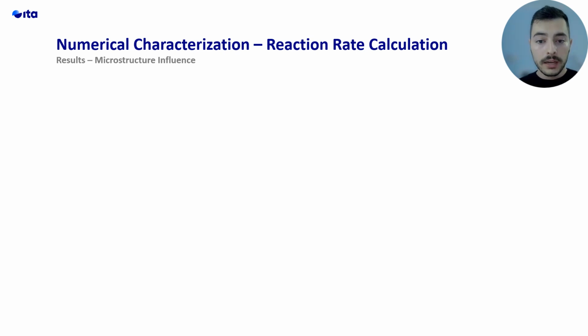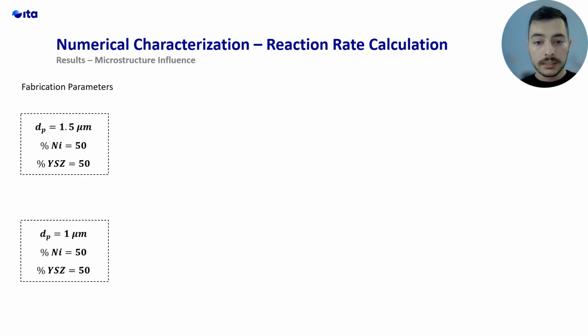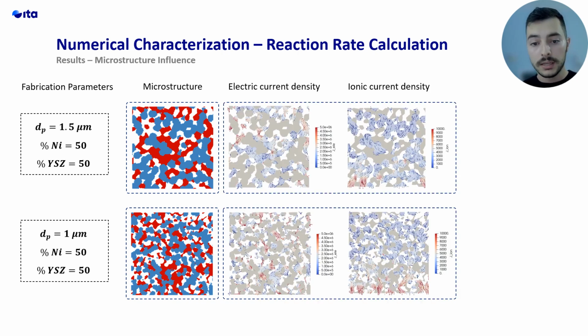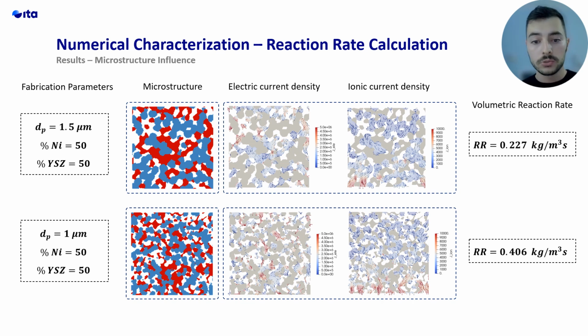This methodology allows us to study and analyze how different fabrication processes and parameters affect the final reaction rate of the electrode. So you can see here that, for example, for different input parameters of the fabrication process, we are obtaining different microstructures that we have synthetically reconstructed, and then with this porous media, we are able to characterize them in order to obtain the reaction rate of this microstructure.